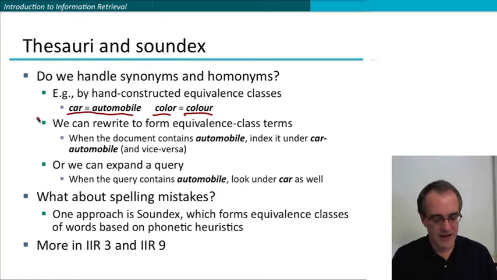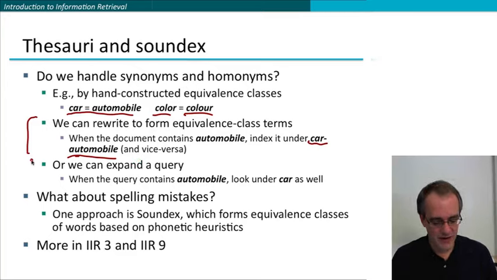You can either, at indexing time, form these equivalence classes. So car and automobile both get formed into this equivalence class of car automobile. Sorry, it line braked there in PowerPoint. And so they're just indexed in one place, and looking up either finds documents that contain either word.